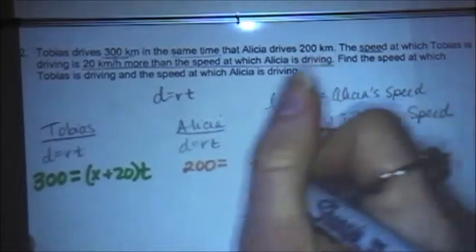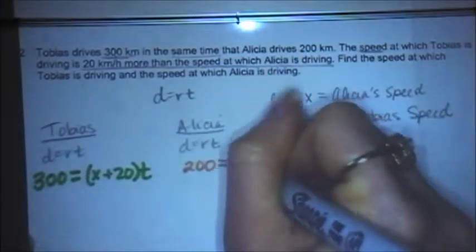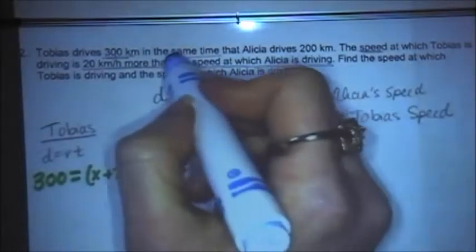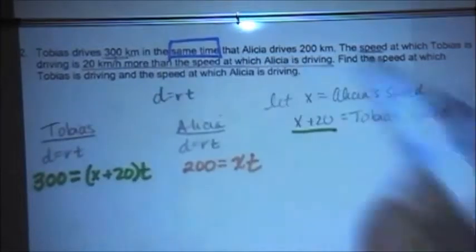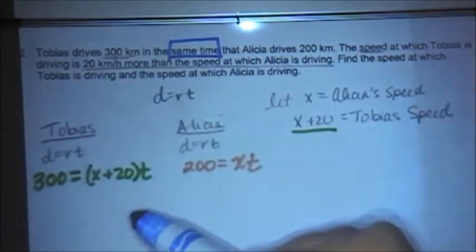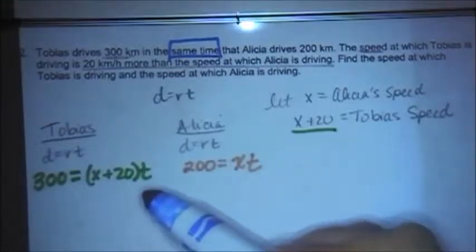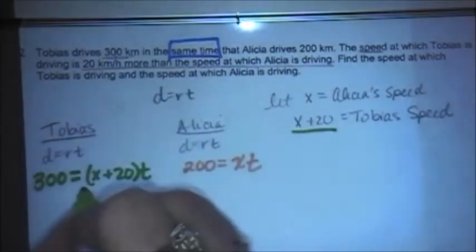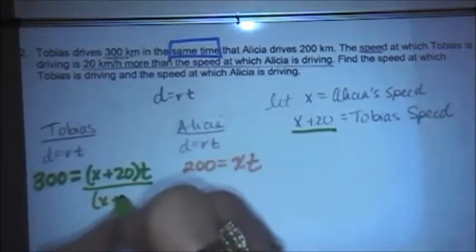Her rate is just x, and again, we don't have a time. But I do know this. They did give me this information right here. The same time. Tobias and Alicia are traveling for the same amount of time. So I'm going to set their times equal. So I need to solve these for time. So I'm going to divide by x plus 20 on this one.